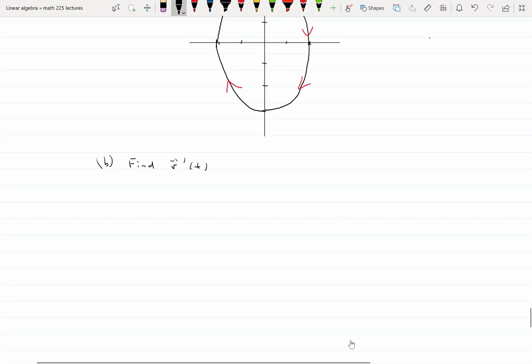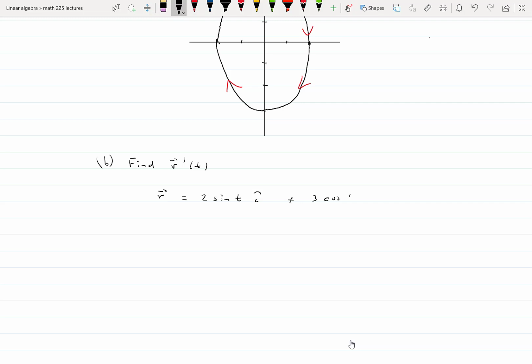Just as a reminder, r was 2 sine t i plus 3 cosine t j. So r prime of t is 2 cosine t i minus 3 sine t j. Remember, to find the derivative of a vector valued function, you just take the derivative of the component functions of the position vector.